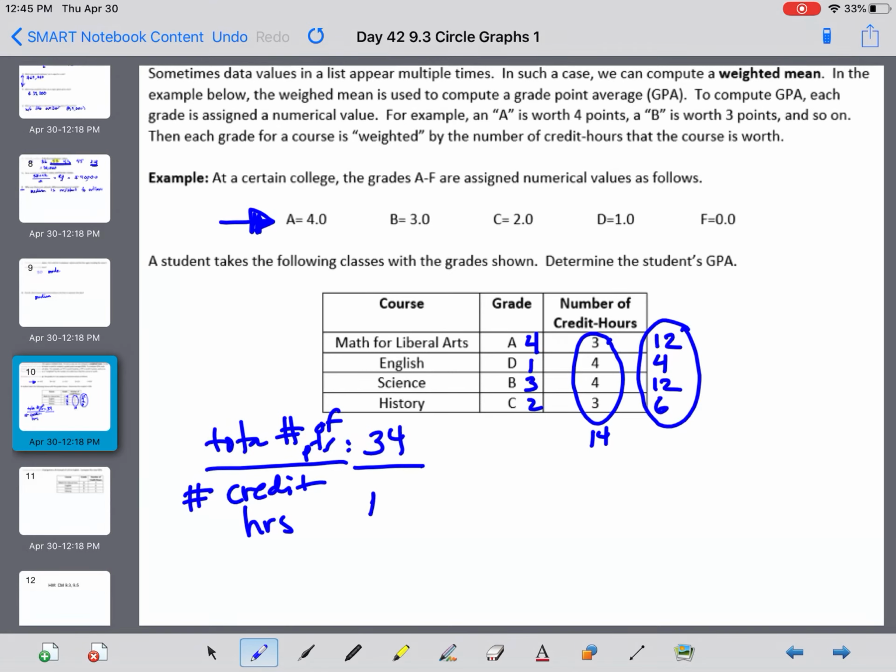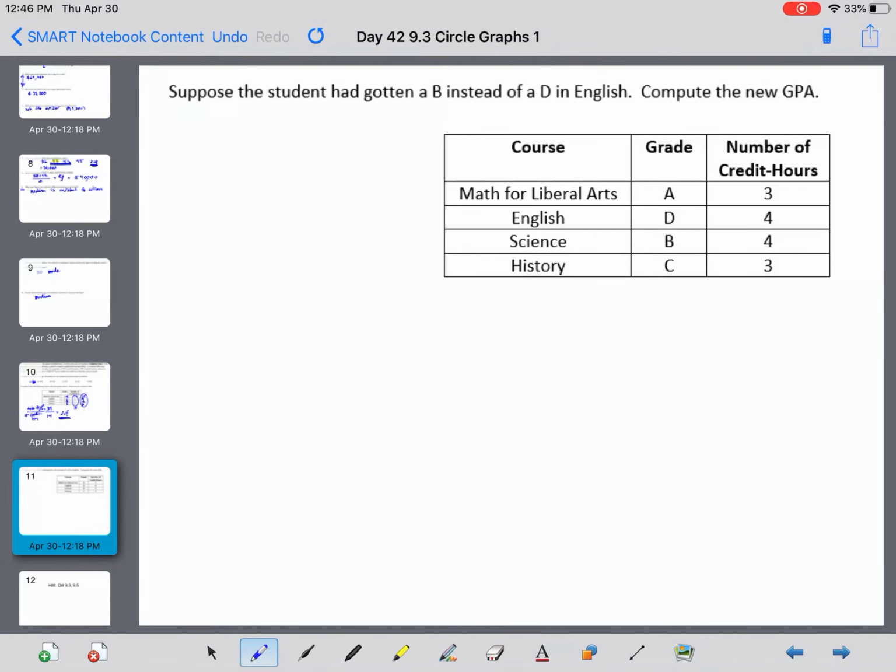So 3 plus 4 plus 4 plus 3 is 14. So I take 34 divided by 14, and that gives me 2.4. That means my GPA for this semester would be a 2.4 with all of these grades that I earned throughout the semester.